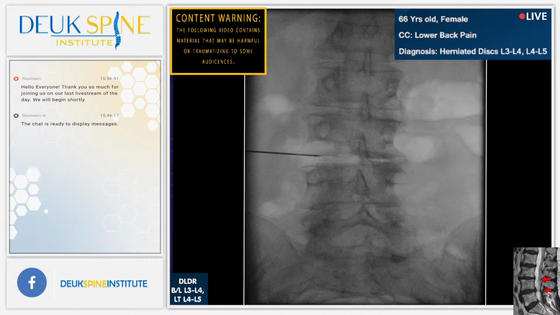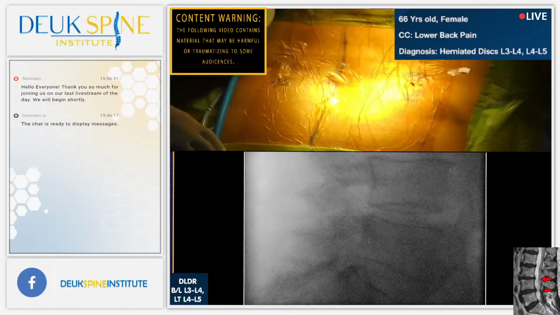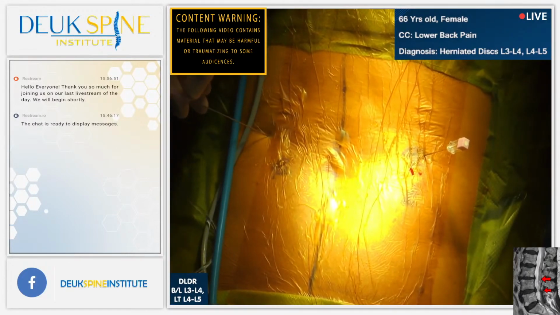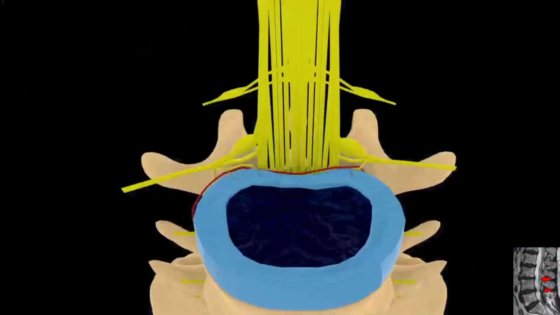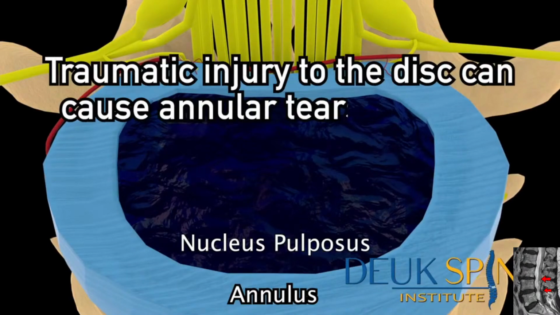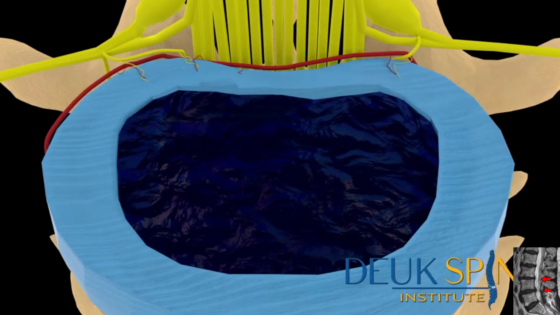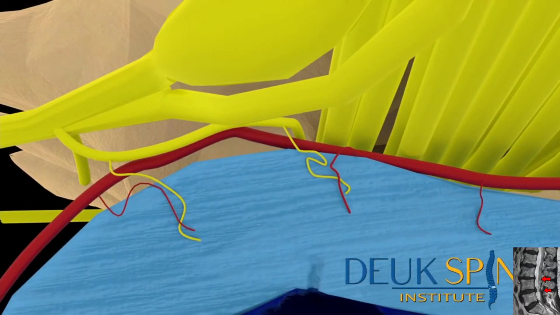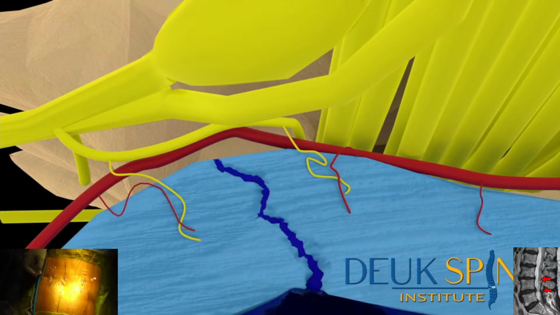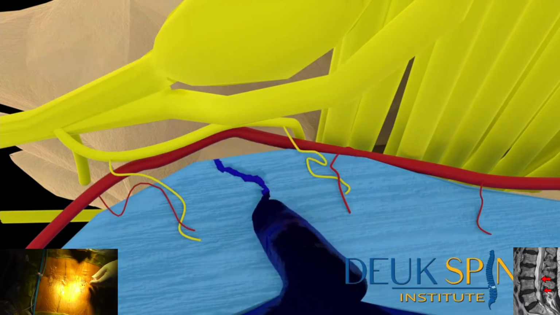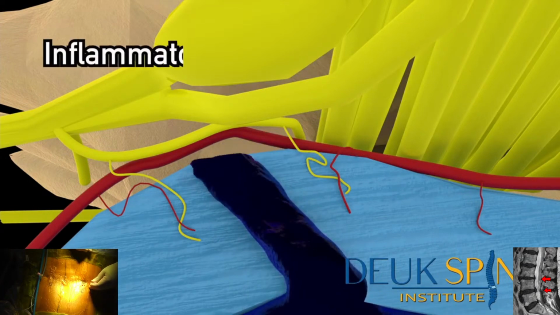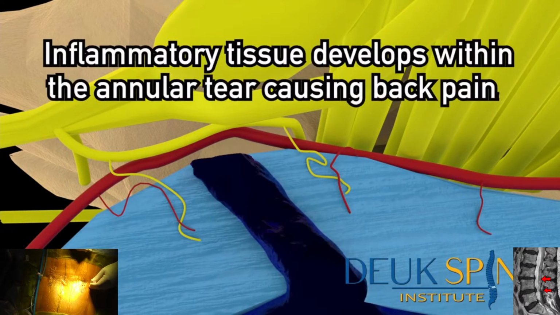All right, so Henry, do you mind showing our audience why a herniated disc can cause so much back pain? Why is that? Traumatic injury to the disc can cause annular tears to form. Pressure on the disc causes herniation of the nucleus pulposus through the annular tear. Inflammatory tissues develop within the annular tear, causing back pain.